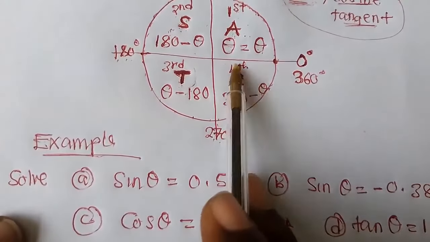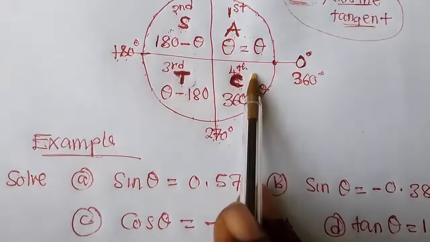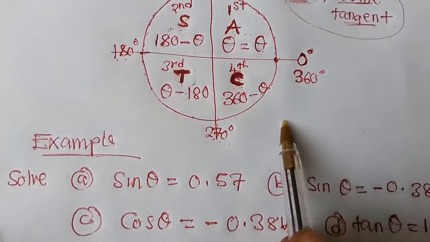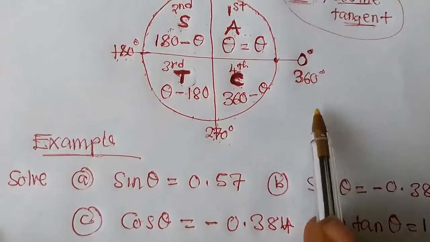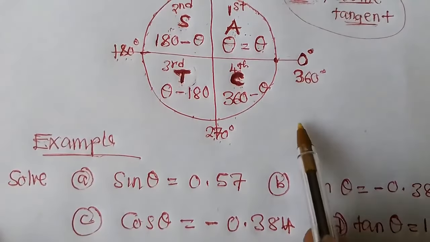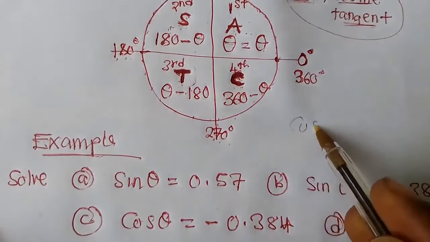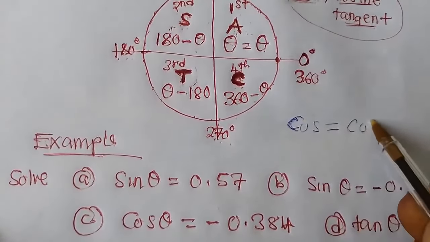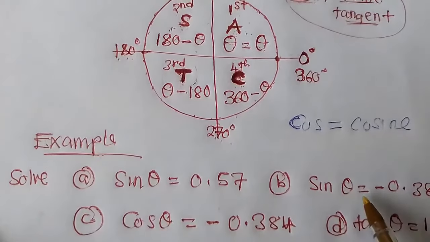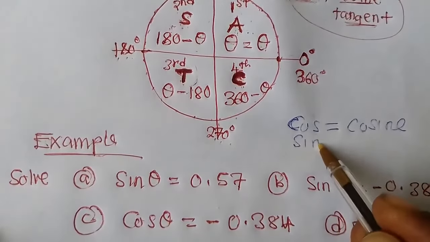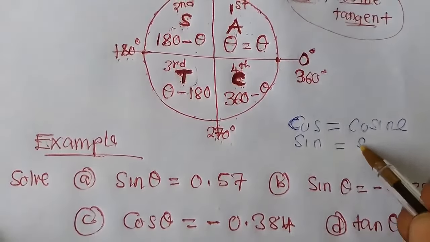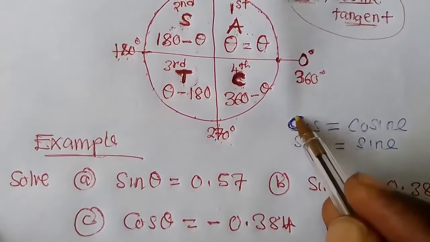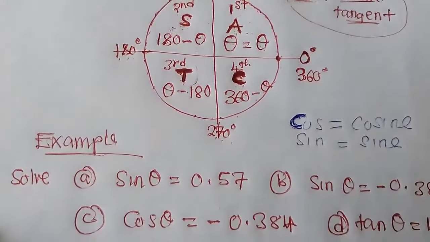Sine and tan are negative. When I say tan and tangent, it's one and the same. Tan is just a shortcut of saying tangent. The same applies to cos; the original word is cosine. So we say sine, cos, so that we understand properly.